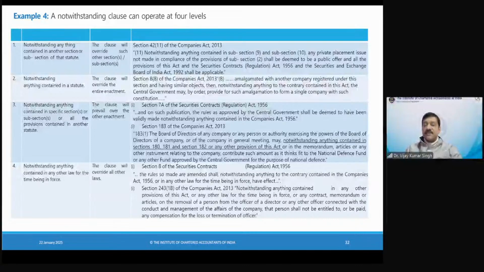So here it is basically saying that irrespective of 9 and 10, whenever a private placement issue is not made in compliance with this particular provision, it will be considered a public offer. So this is what the non-obstante clause says. Whenever there is the term notwithstanding, it says that whatever has been mentioned in this particular provision will prevail over anything else. This is how this works.